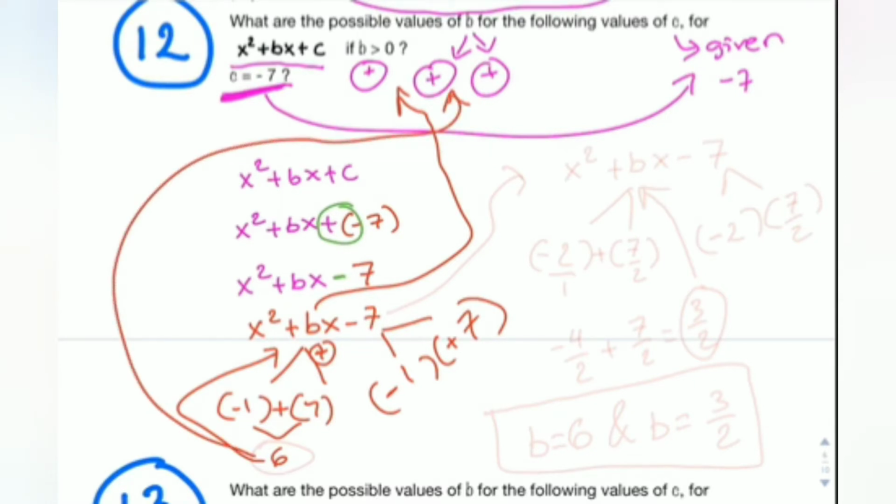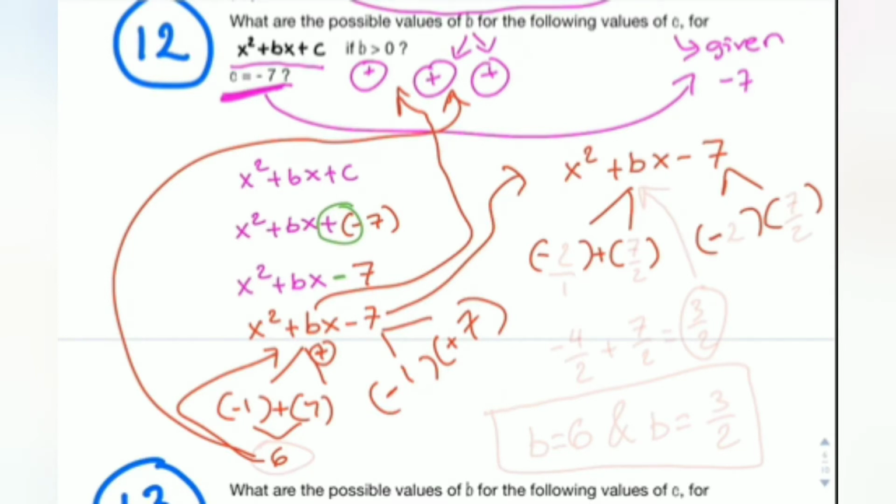Now we need to find the other answer for B. We jump to this step and do the same thing: two numbers that multiply to give us -7, and when we add them equal B. One of them has to be negative to give us a negative answer.